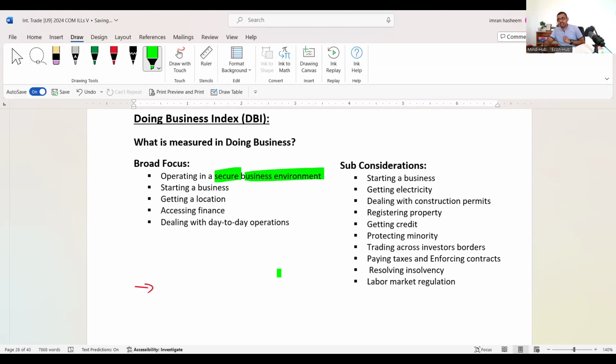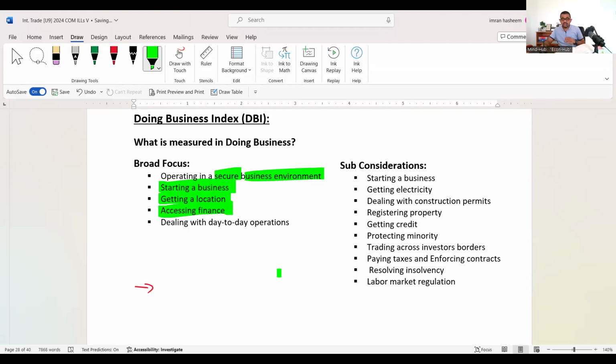Then, how easy is it to start a new business? How easy is it to get the permits for a location? How easy is it to access finance, to go to banks and get the loans and money you need to start a business in that country?